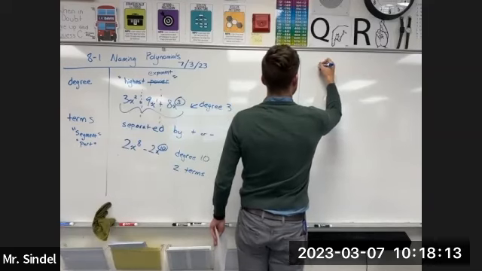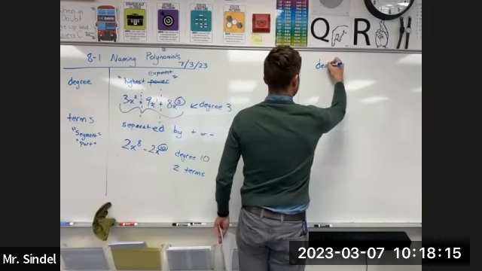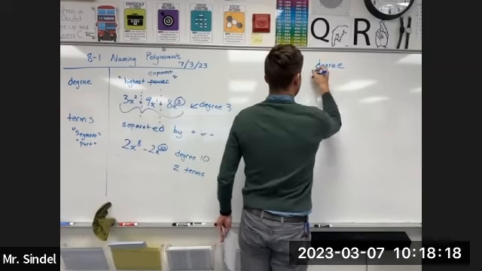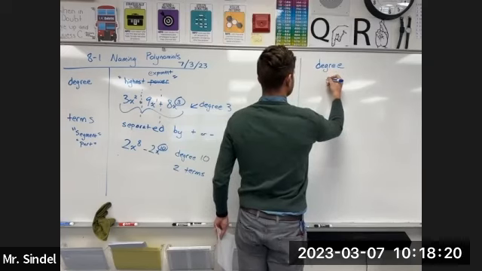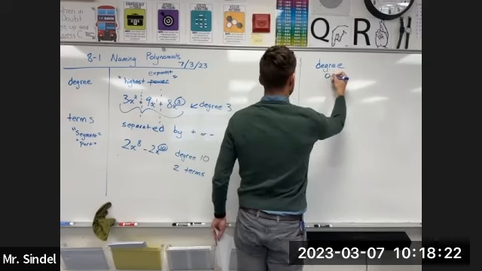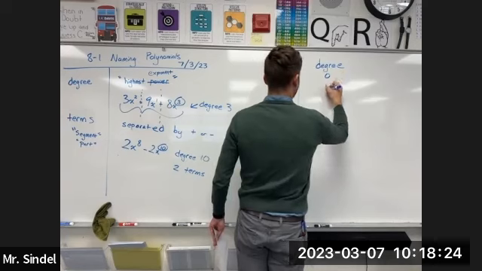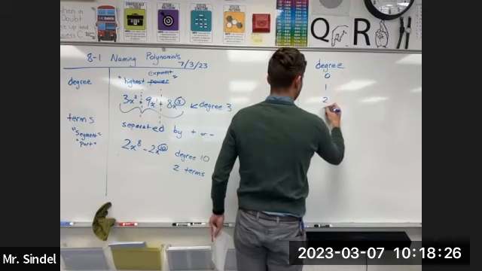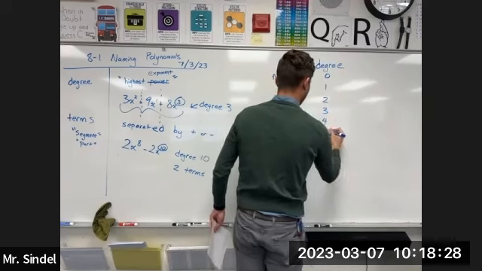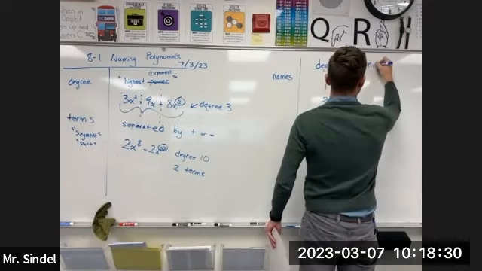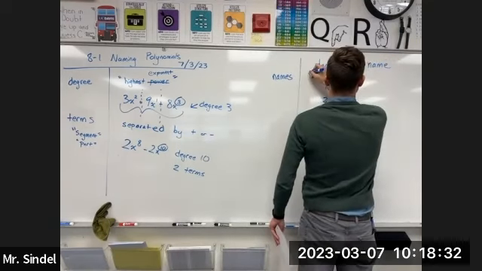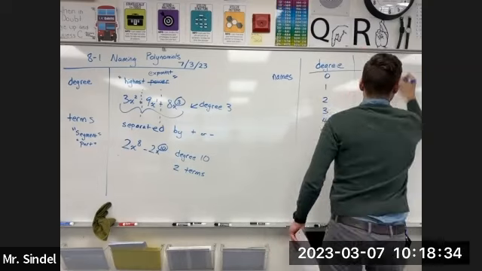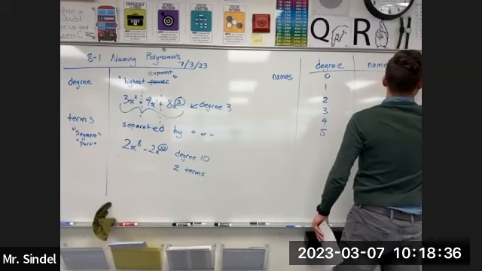I'm going to say degree, and then I'm going to say if it's a degree 0, a degree 1, a degree 2, a degree 3, degree 4, and degree 5, and then I'm going to put the name of it, and then I'm going to do an example of it.